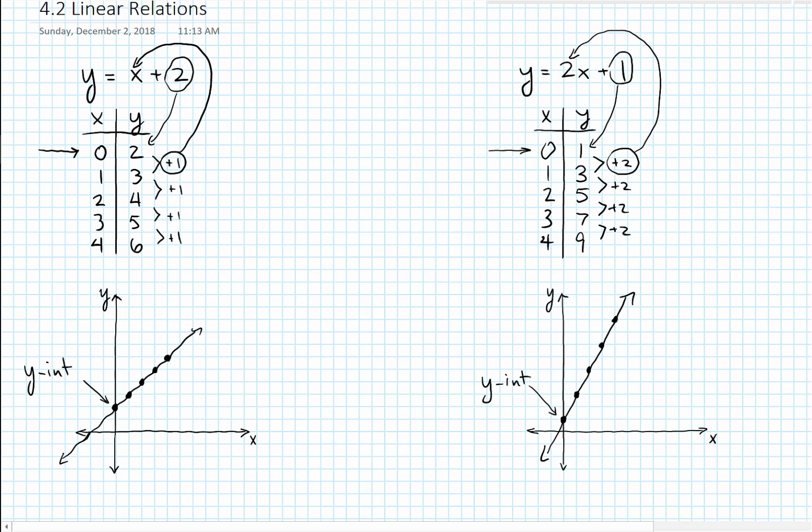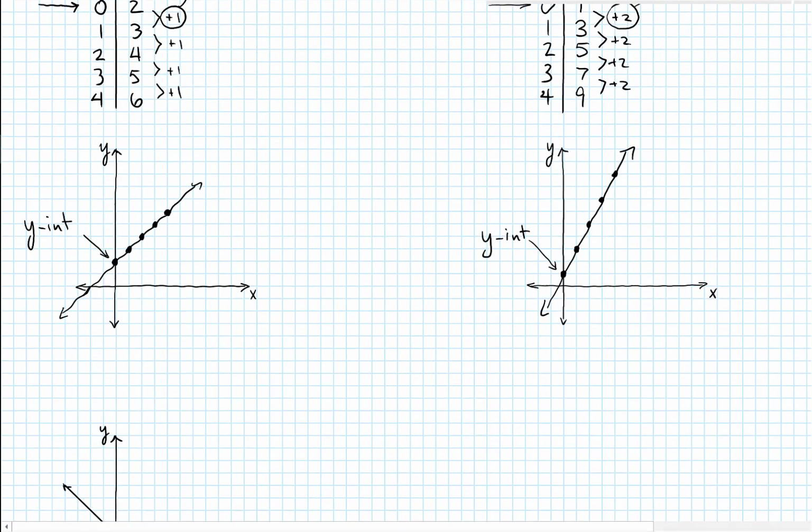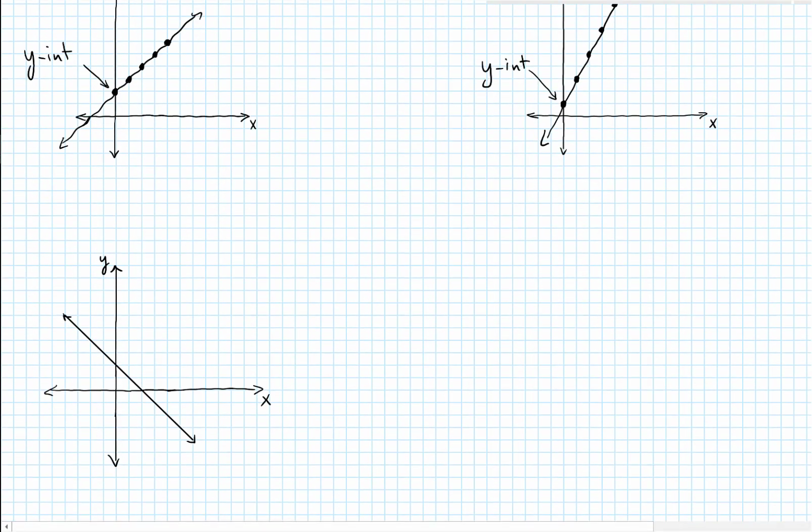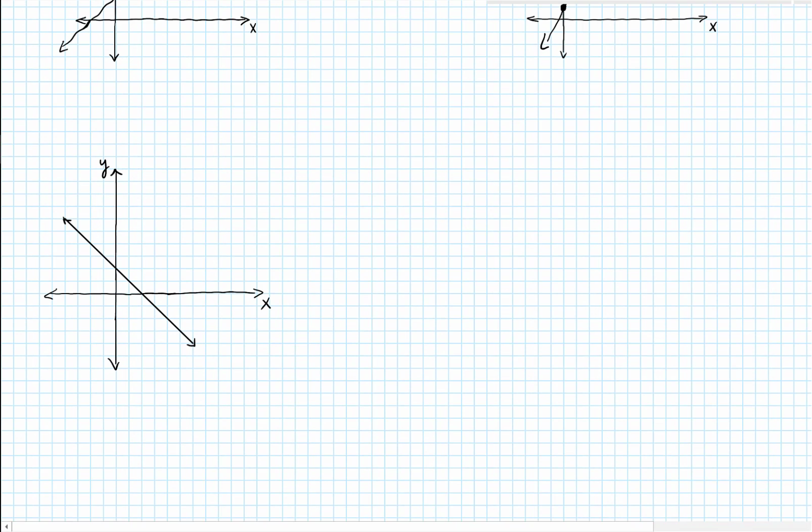And so that becomes quite a useful thing to note if you want to go back and forth between the equation of a line and the graph of a line. And so let's actually just do an example of that. So let's say we have a line and we'd like to know what the actual relation is. What's the equation for that line? So we need to be able to identify a few points, and let's take a look at a few here.